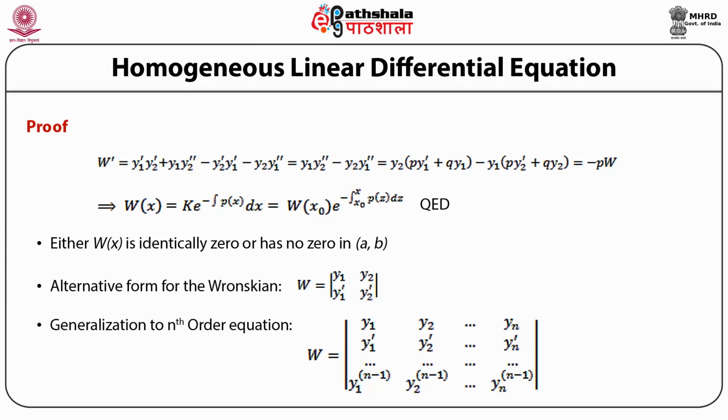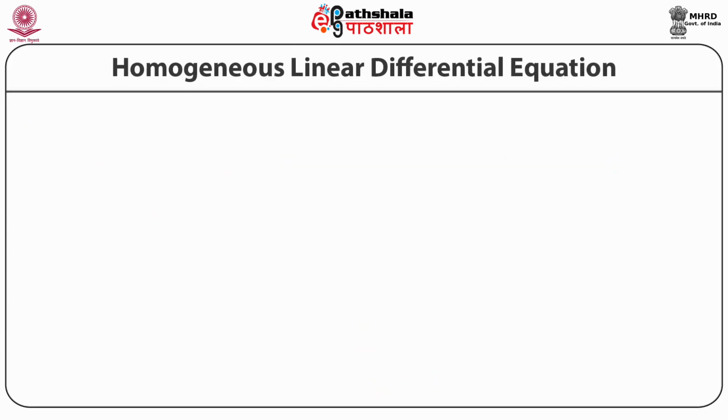The second row is given by the first order derivatives of y1, y2 and so on till yn, and subsequently the (n-1)th row is given by the (n-1)th derivative of y1 and the (n-1)th derivative of y2 and so on till the (n-1)th derivative of yn. The Wronskian is defined for any set of functions.